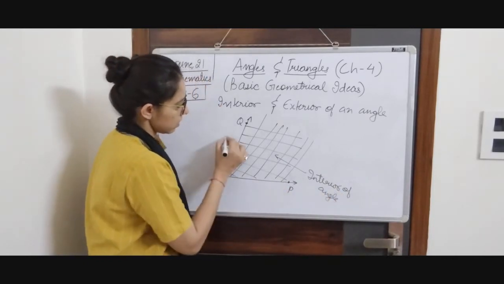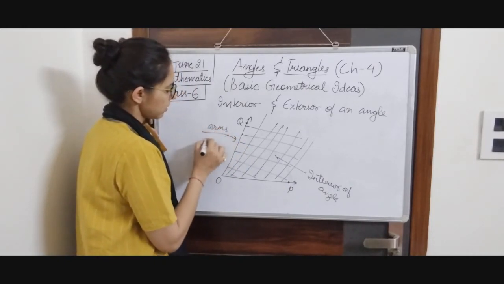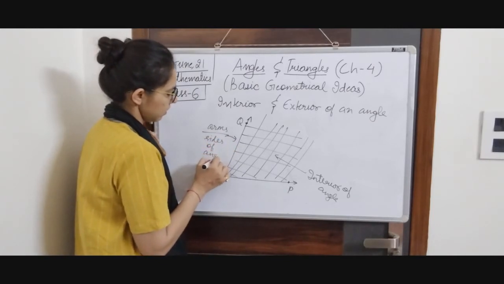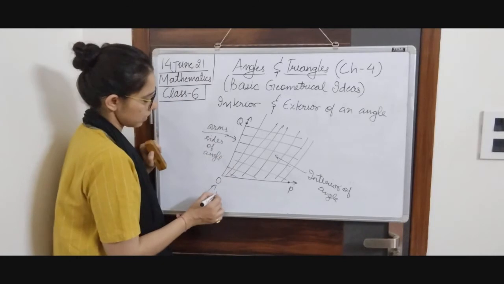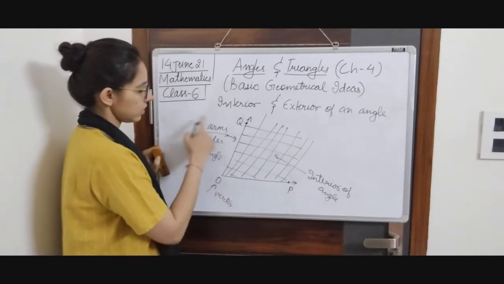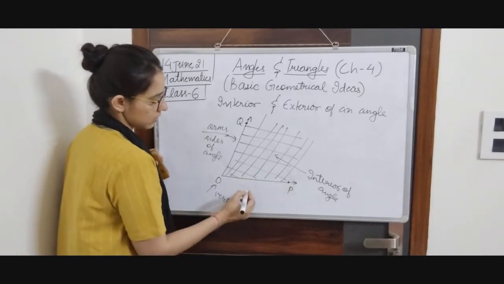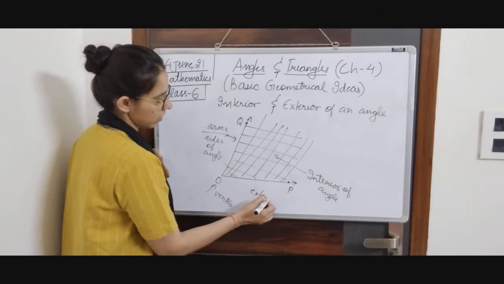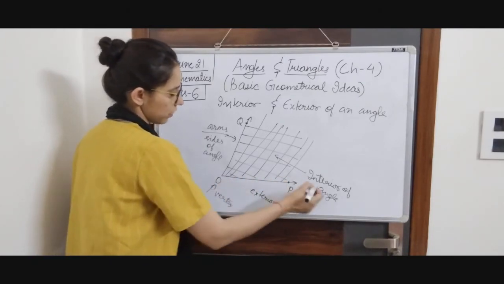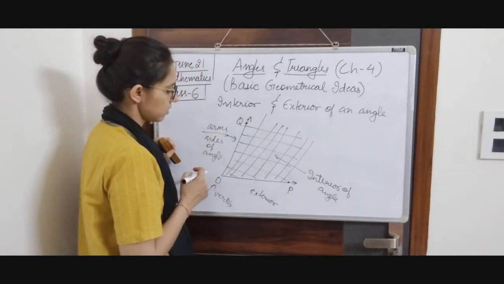These are the arms or sides of the angle, and this, as we explained, is the vertex. This was the interior. This outside part, outside the rays, is the exterior of the angle, and the points on the rays are on the boundary of the angle.